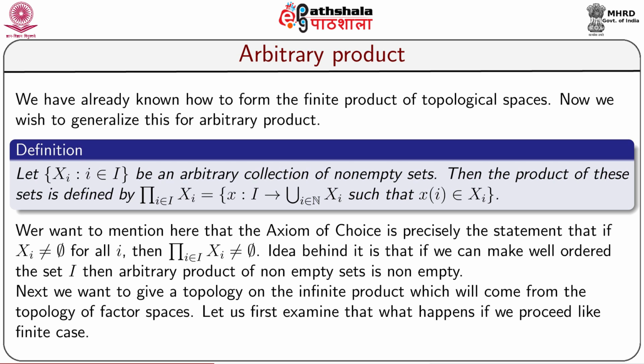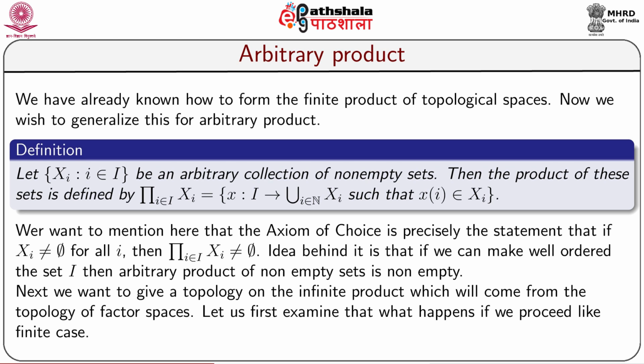Why have we been able to define it in this form? Because the set N is well ordered. Every subset of N has a first element. We have been able to define the arbitrary product.